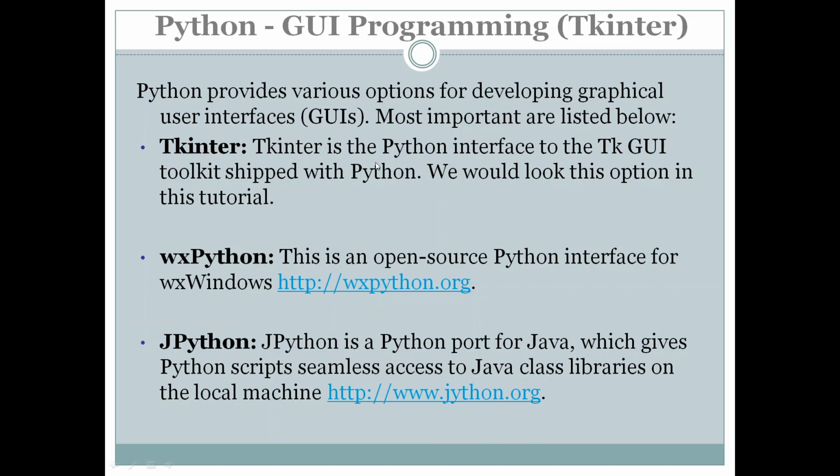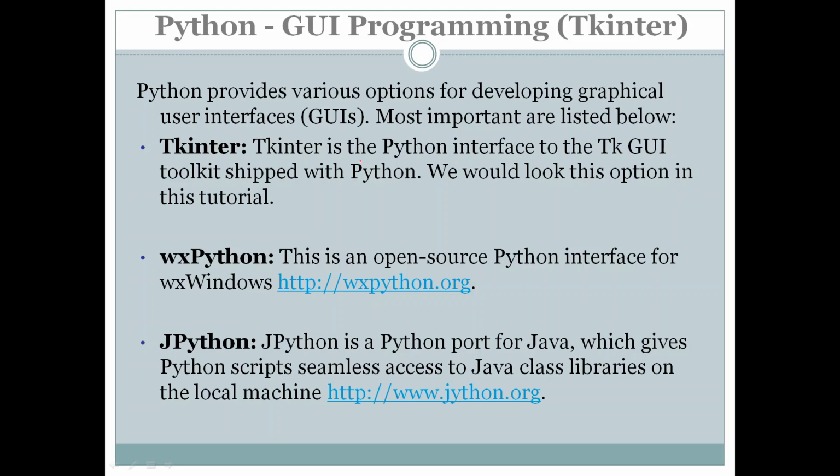So tkinter: there is a popular library called Tcl/Tk, which is a graphic library used in C and C++. The library is ported to Python and it is called the tkinter library.